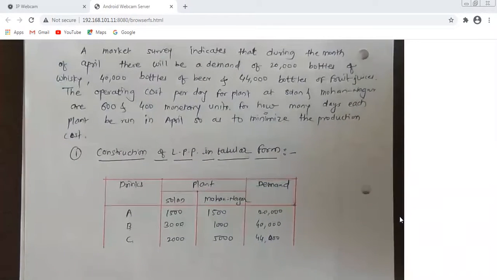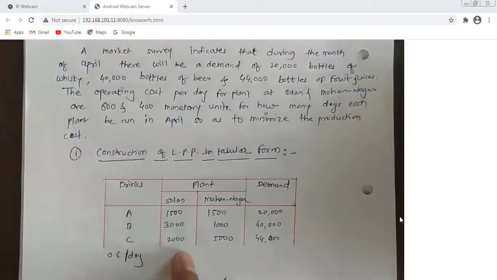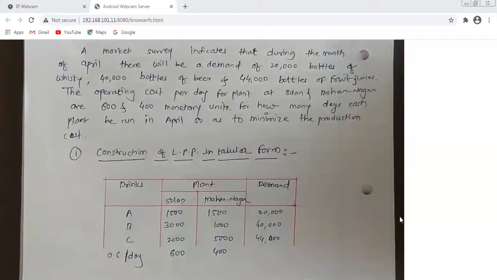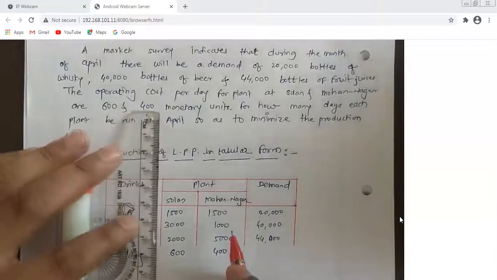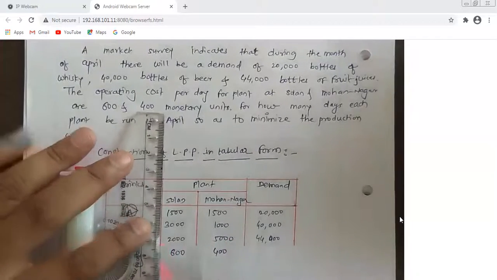I will add here the operating cost per day. That is the fourth row. Operating cost per day at Solan, how much? It is 600 monetary units, or we can say 600 rupees. And for Mohan Nagar, it is 400 rupees. So now we have taken all the data in this tabular form.